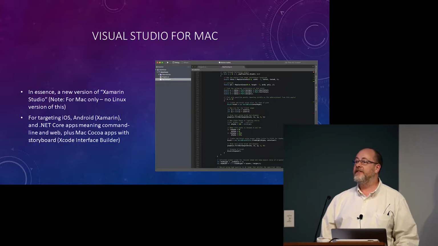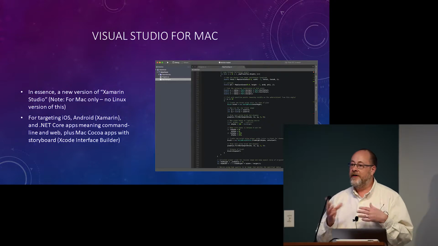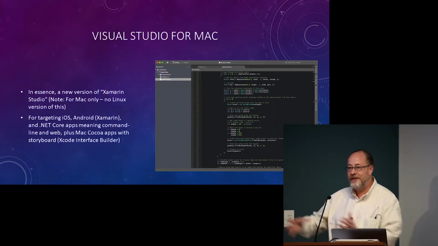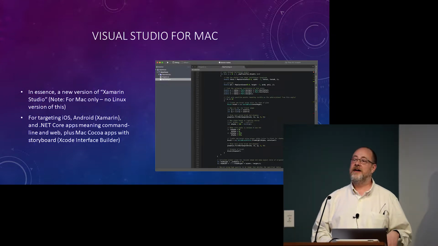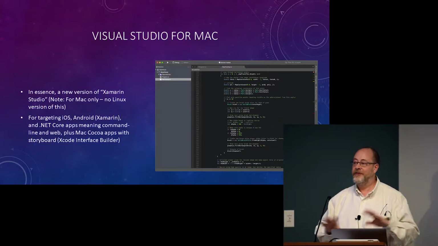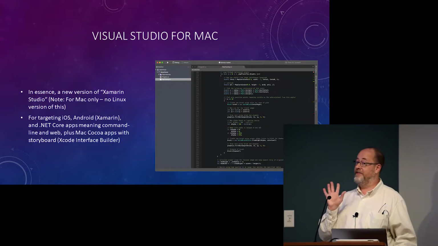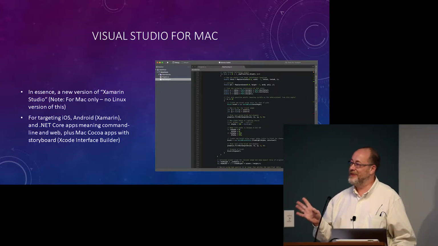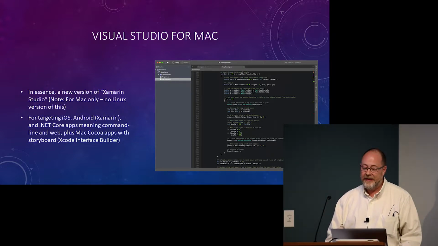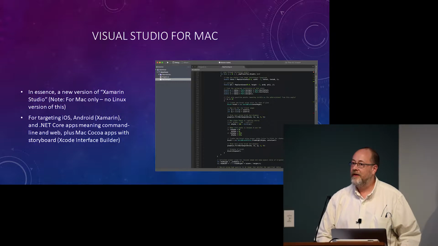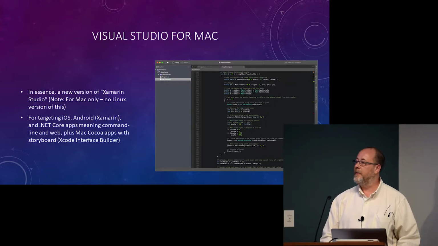They've done some things like take the editor and the IntelliSense engine that was in the full Visual Studio and move it over into this product. But other than that, there's no real similarity. The only reason I can figure that this product exists is that it's for developers who are working on a Mac and want to target Xamarin.